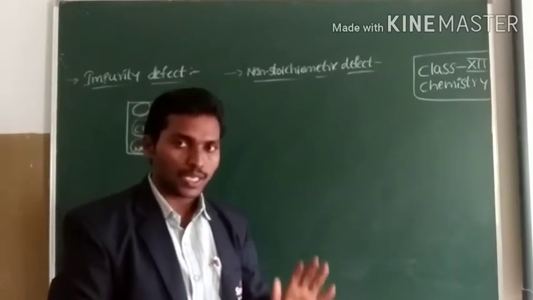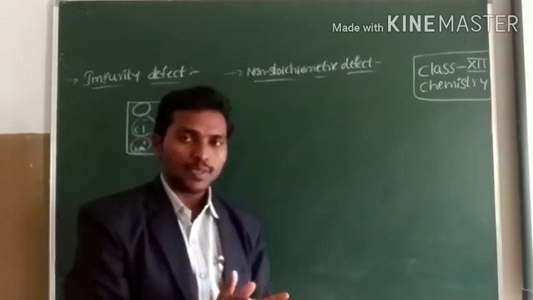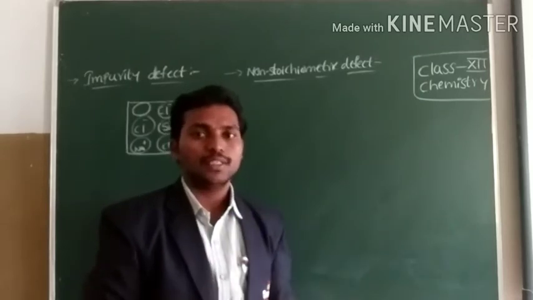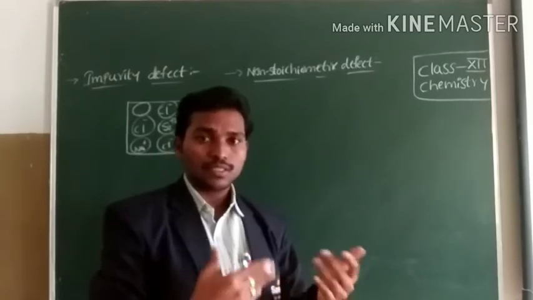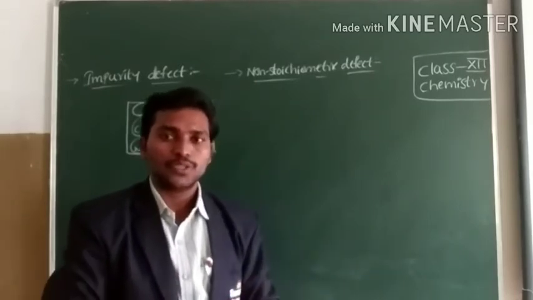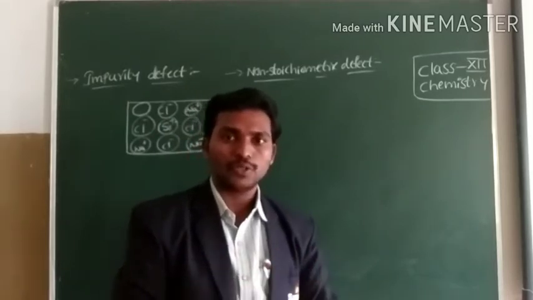In the last video, I told you about stoichiometry. Stoichiometry means the required number of constituent particles present in the crystal lattice. So non-stoichiometric means the crystals may not have the required composition in them. That is called non-stoichiometric defect. This is classified into two types.